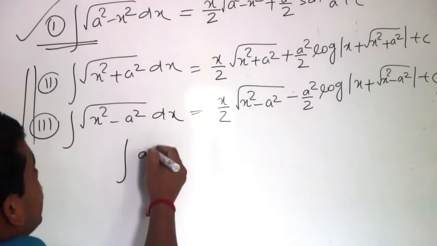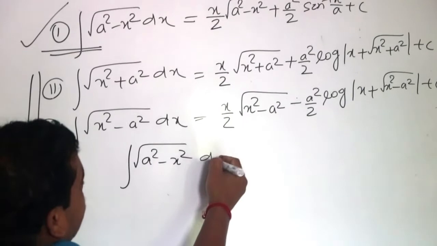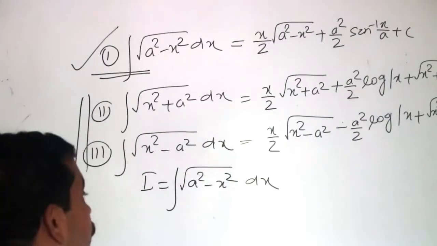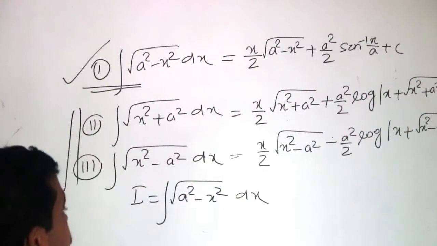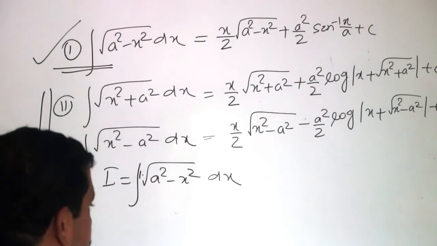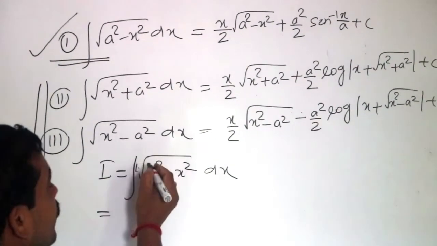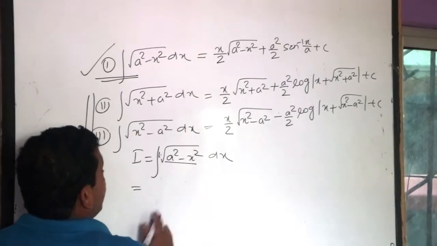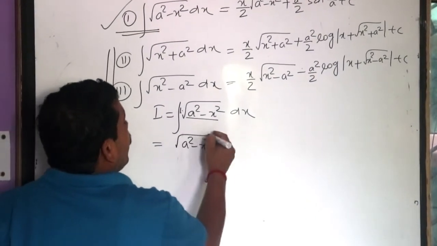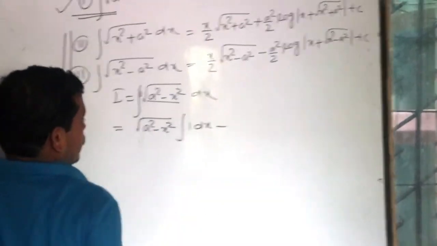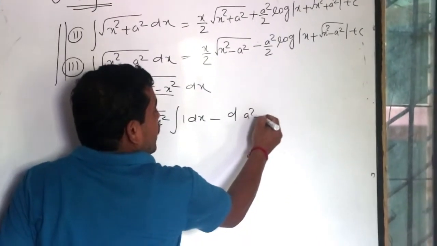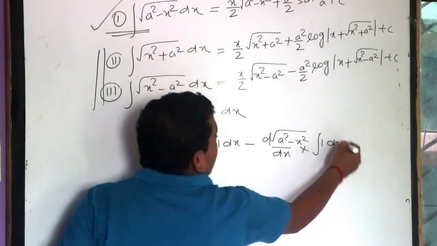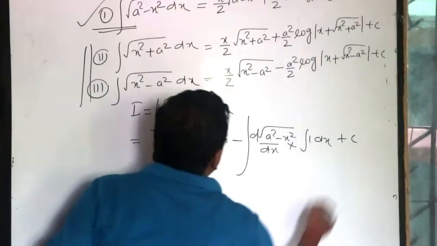Suppose the first formula is root over a square minus x square dx. Taking this as I. Since we use integration by parts, we take 1 as another function. Here 1 will be the first function, root over a square minus x square will be the second function. So taking the second function as constant, integrate 1 minus derivative of root over a square minus x square with respect to x and integration of 1, then integrate both again plus c.